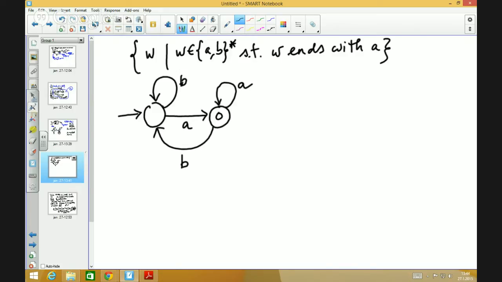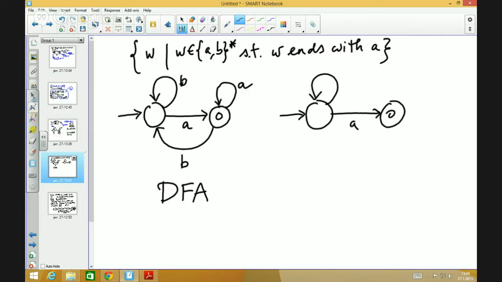Now, what would be an equivalent NFA? So this is a DFA. This is an NFA that does this. Now, why does this work?